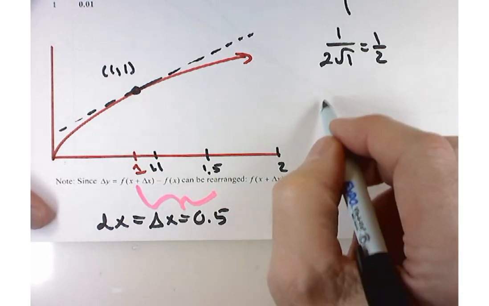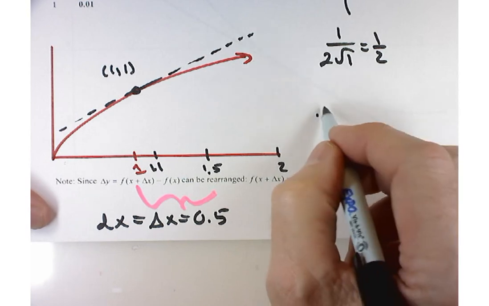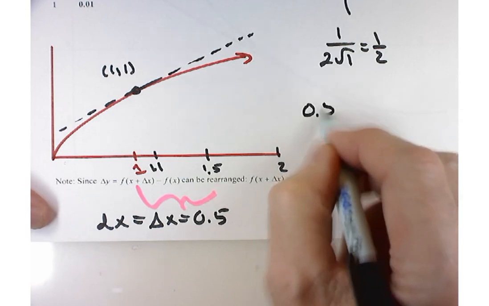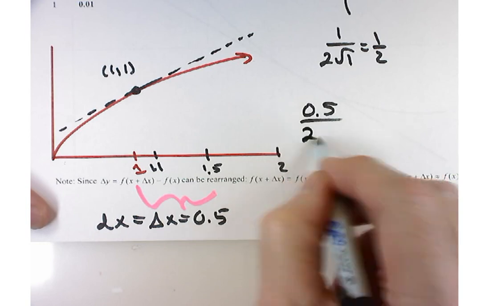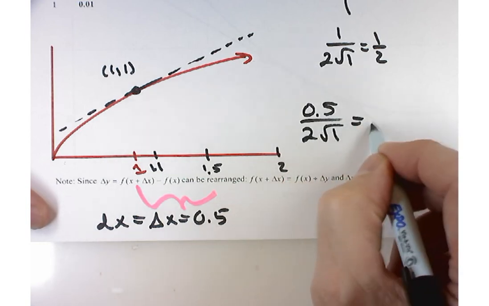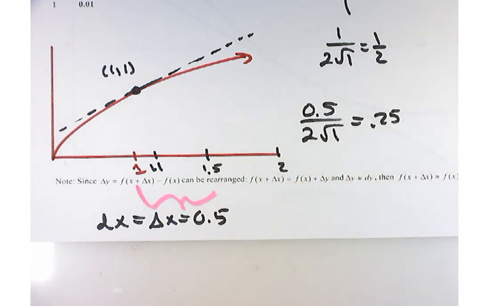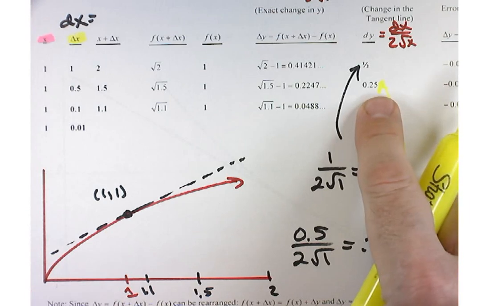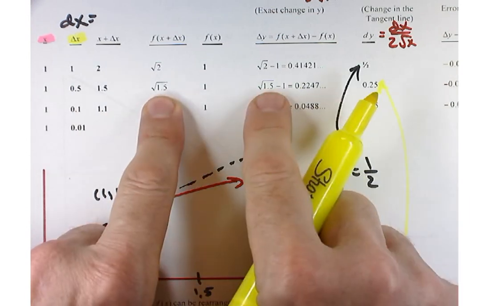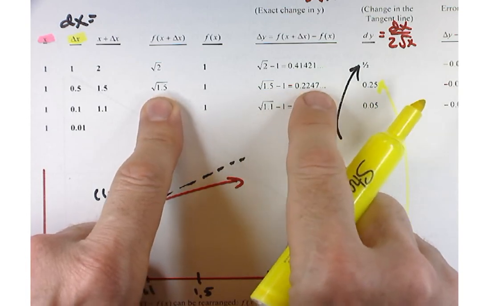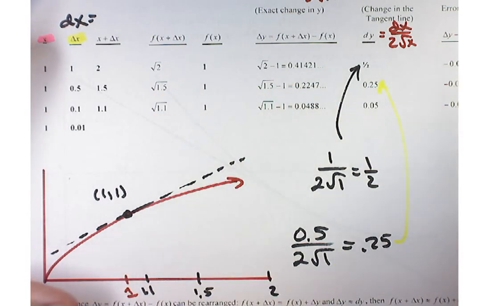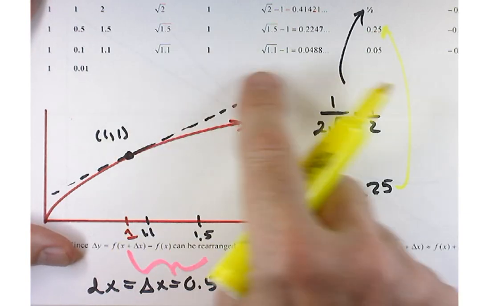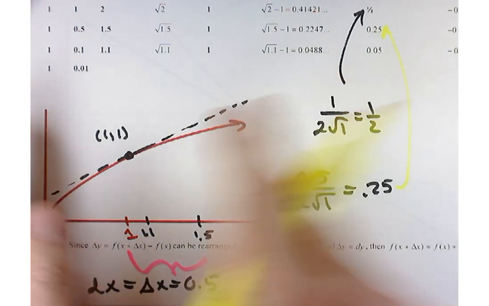Well, I put in a 0.5 for my delta x divided by 2 over the square root of 1, and now I get 0.25. And that's a better estimate of the exact change in the function. The exact change in the function is 0.2247. Yeah, that's better. And it's going to keep on getting better as you decrease this interval.